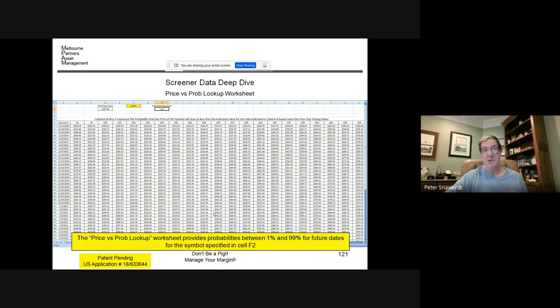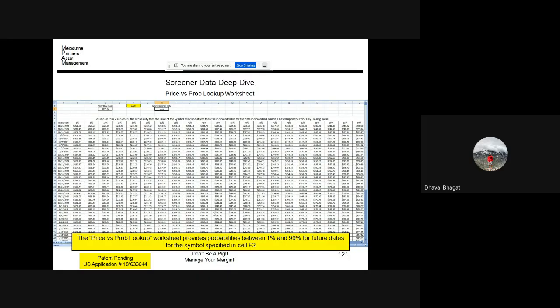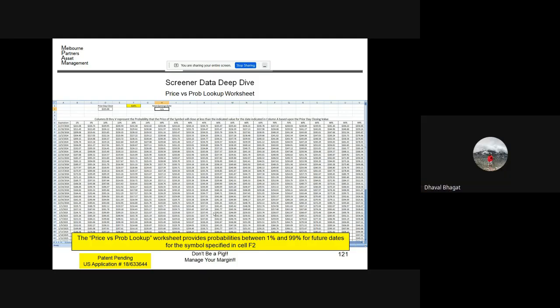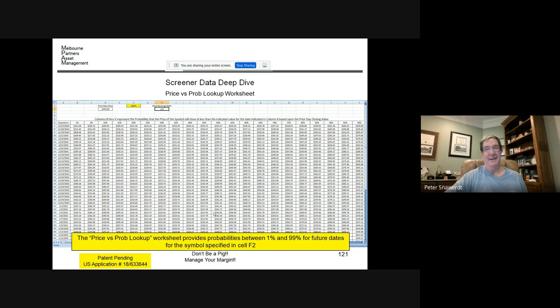UNG has the same issue. Got it. So if you're buying something like USO to express a bullish outcome for oil, there's decay in it that you may not know about. And the same thing with UNG.